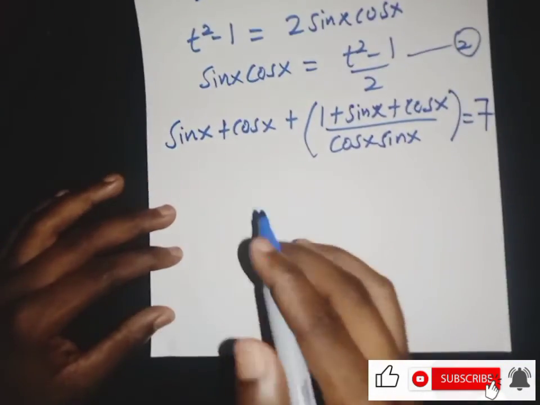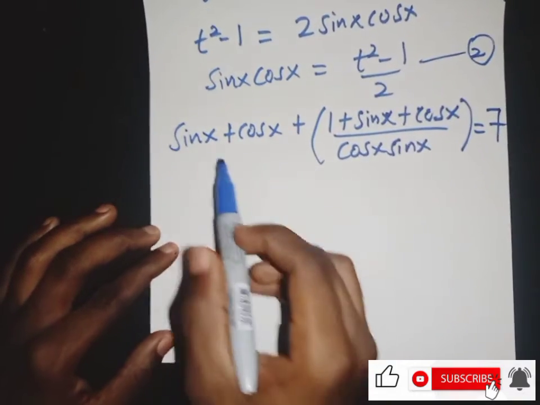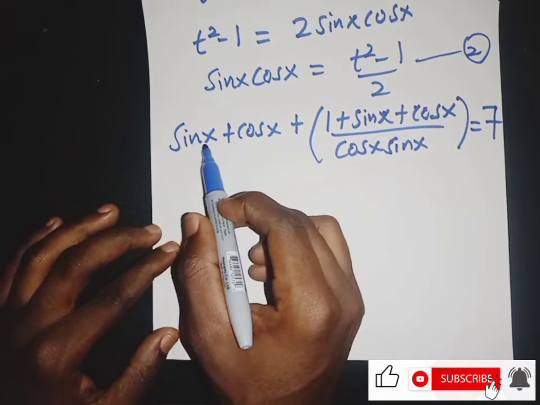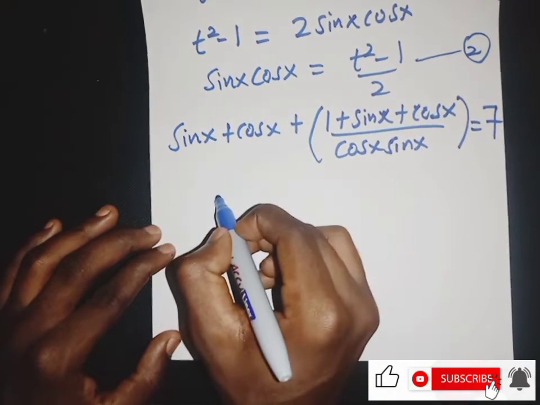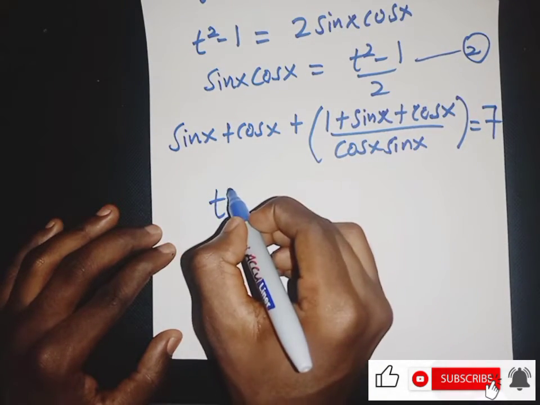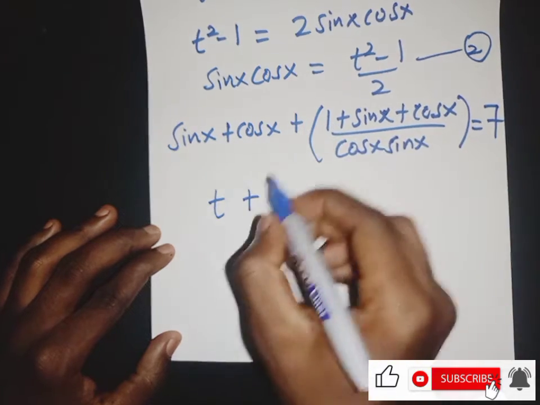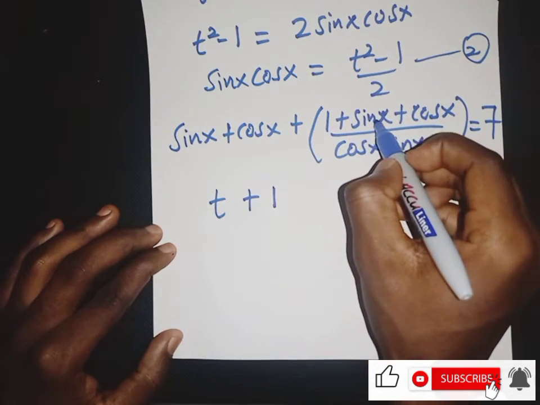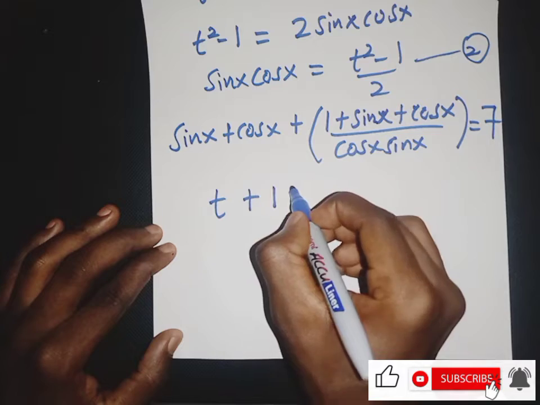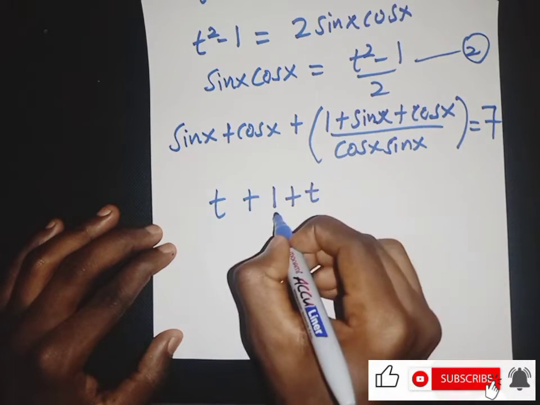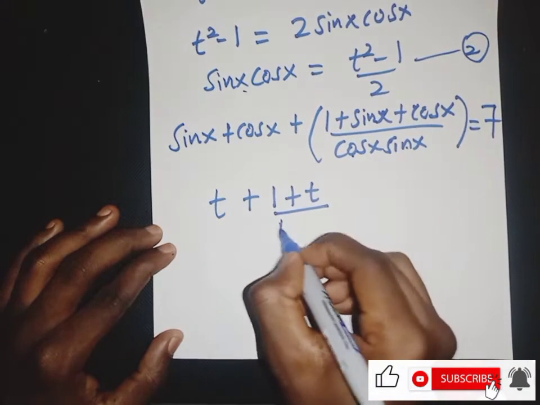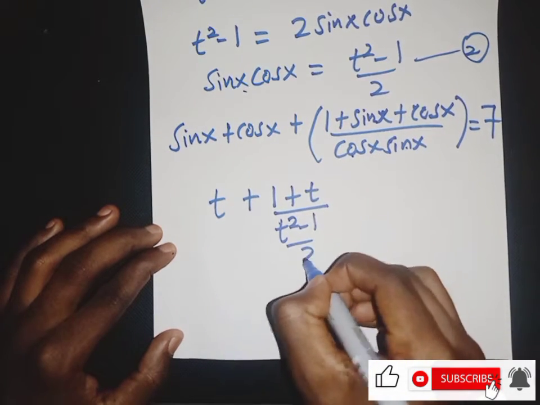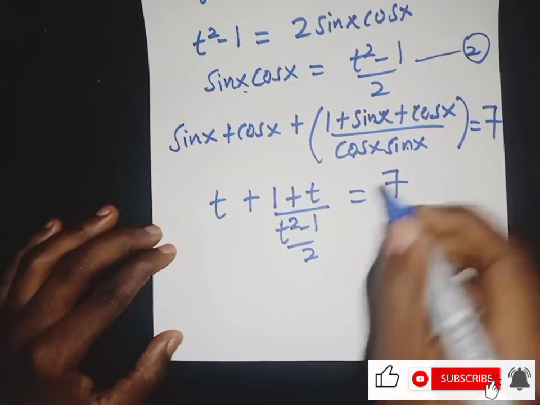From the first equation, the sum of cos x and sin x is just equal to t, so we substitute that. We have t plus 1, then sin x plus cos x is still t, divided by their product, and their product we had as (t squared minus 1) divided by 2, being equal to 7.